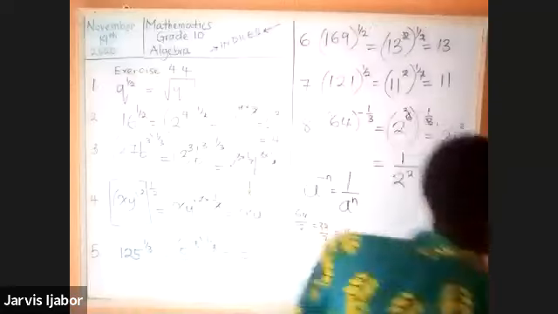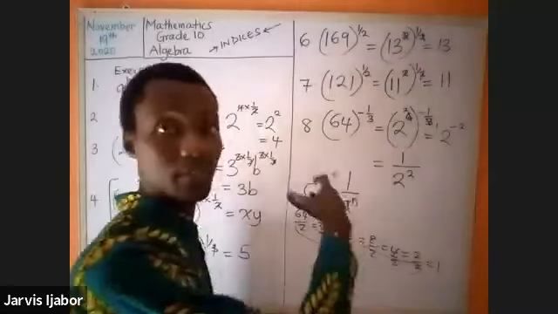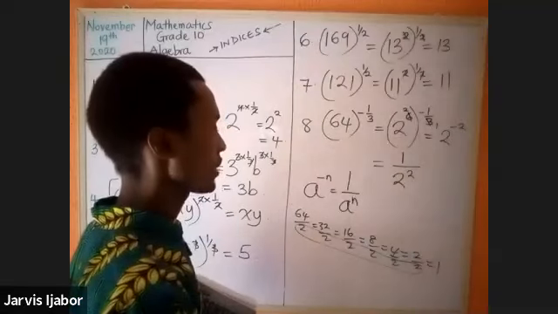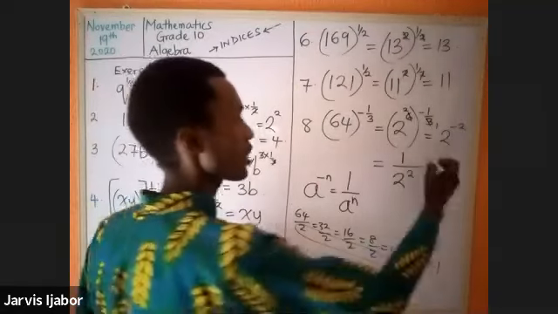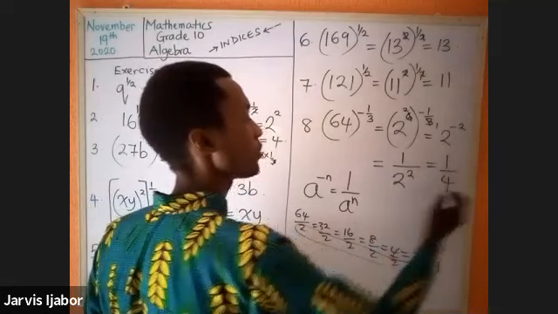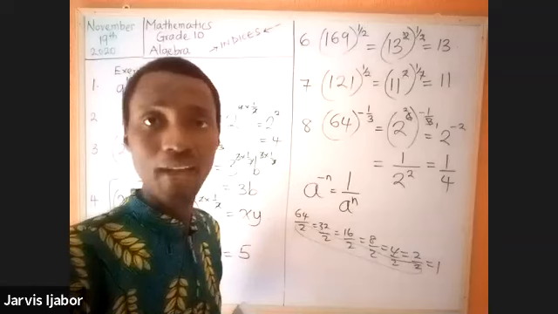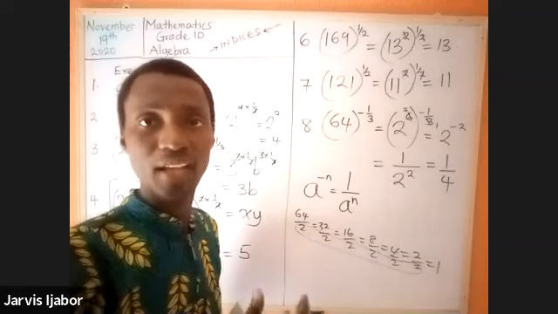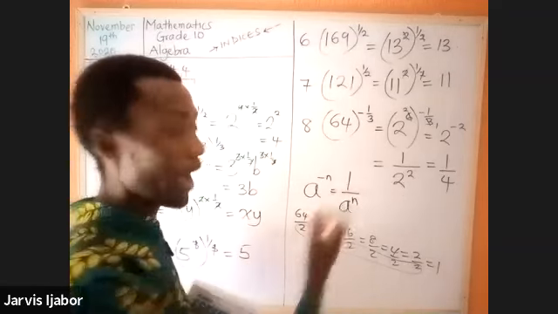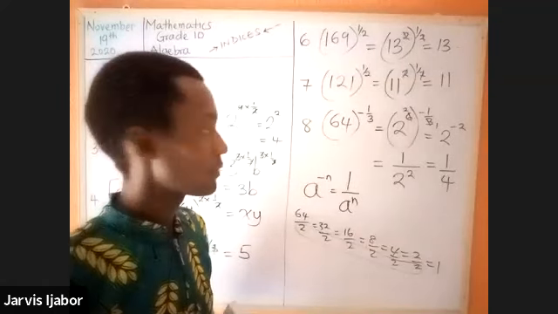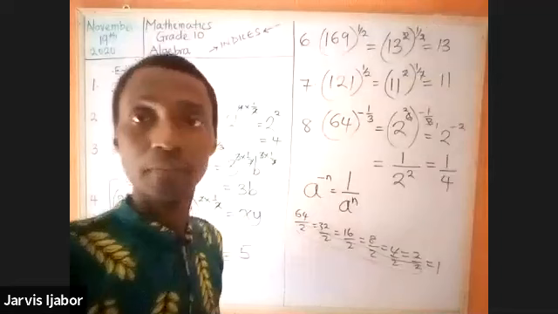I hope you have not forgotten that. So please take note of that. That's just to help you remember how this was gotten. And this will now give you what? 1/4, because 2 raised to the power of 2 means that 2 is multiplied twice. And when you deal with that, your final answer becomes 1/4. Okay? All right. So that's question 8.